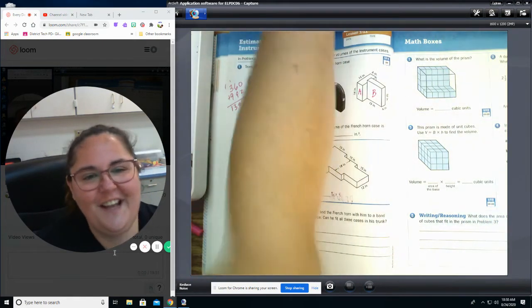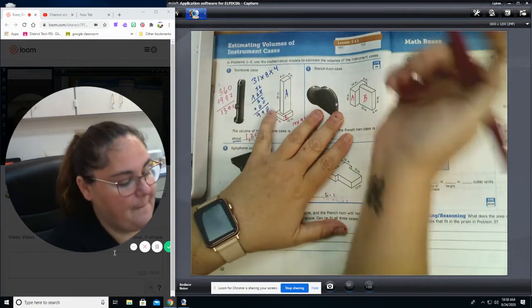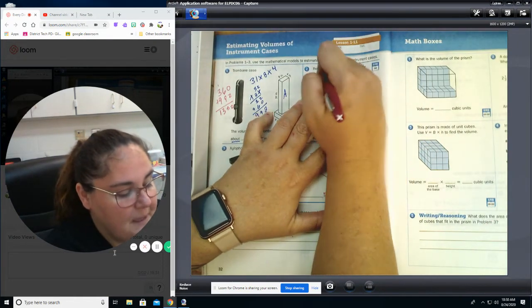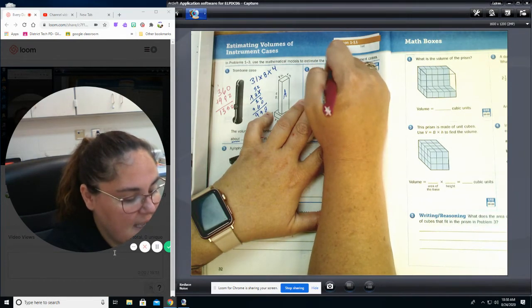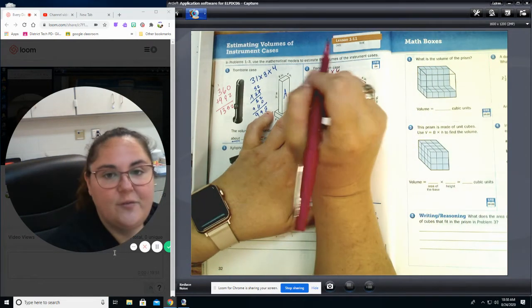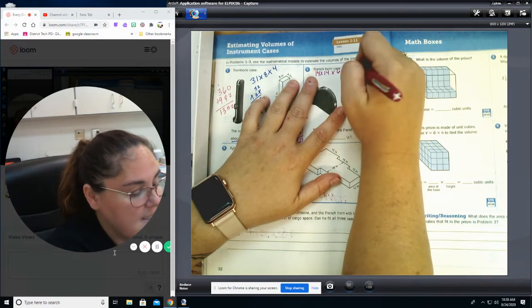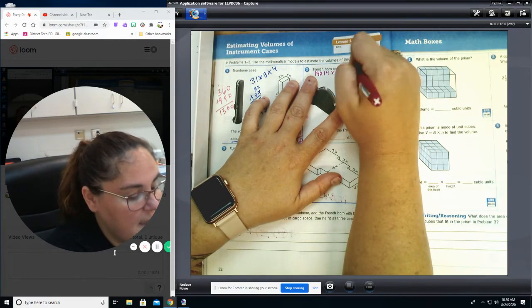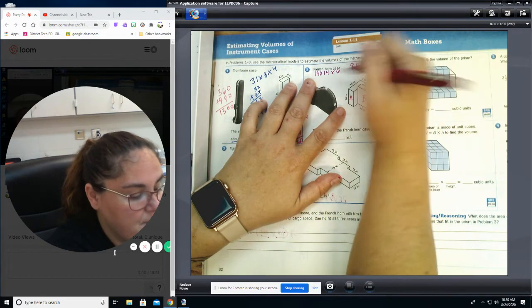All right, you should have paused and done the math. If you are looking at box A, we're going to multiply 14 times 14 times 6. So I'm going to do 6 times 14 first. 6 times 4 is 24, carry my 2. 6 times 1 is 6, plus 2 is 8.